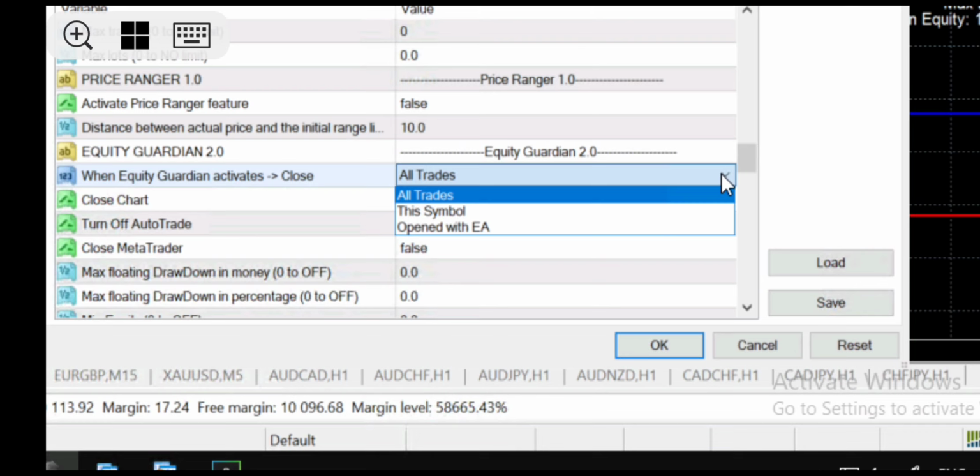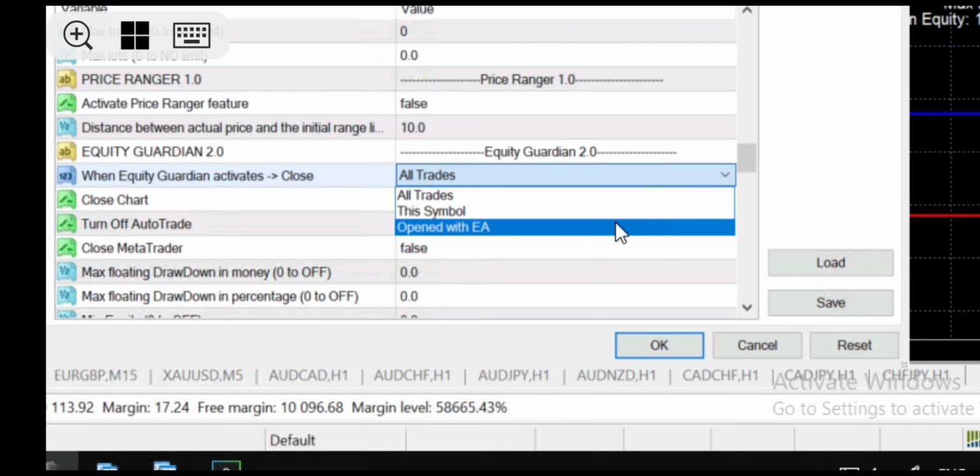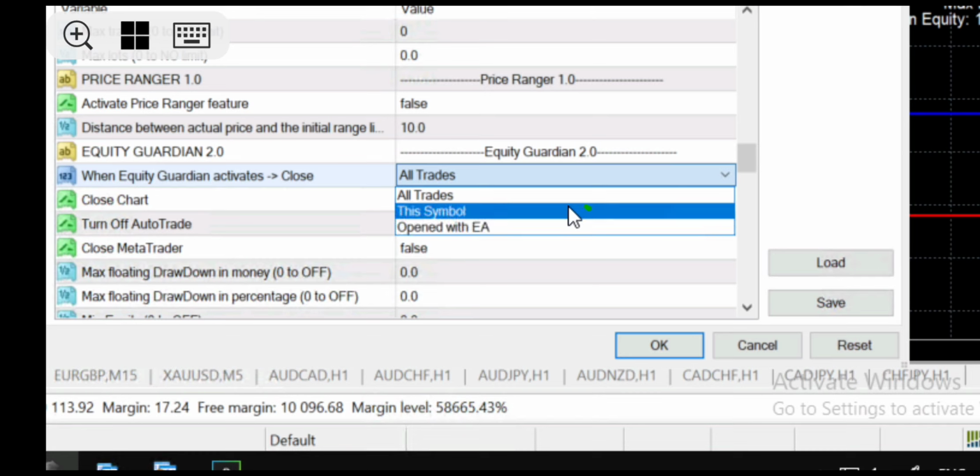But if you set it at opened with EA, this symbol means it doesn't necessarily have to be the EA that opens all the Euro USD trades. So let's say the EA is running some positions on Euro USD, then I manually open some positions on Euro USD, or another EA opens a position on Euro USD, then the EA will close everything on Euro USD.